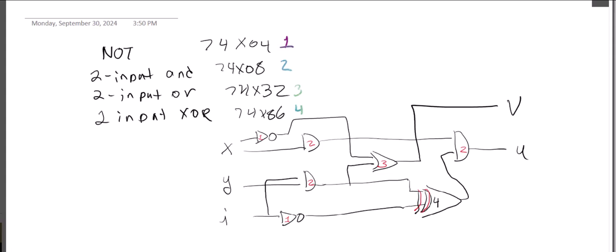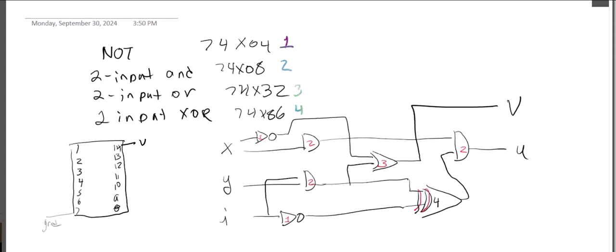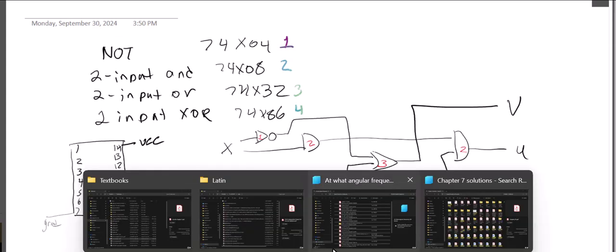So if you look at the data sheet for the NOT gate, you'll see that it looks like this. And all of these have pin 7 going to ground, and pin 14 to VCC. And the way the NOT gate, and I got it wrong I think last time, so let me make sure I get it right.